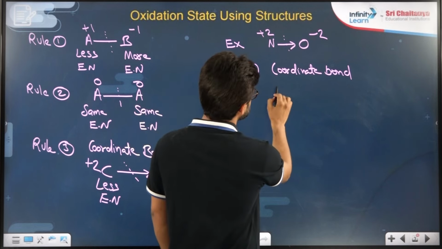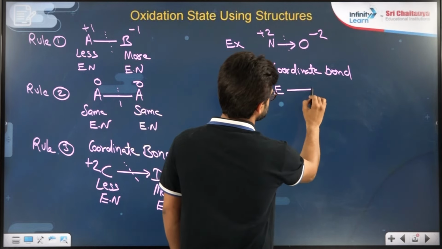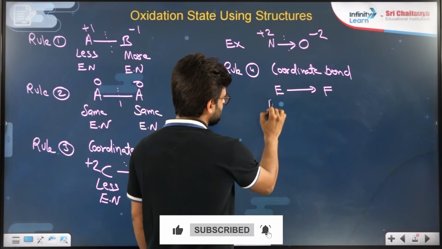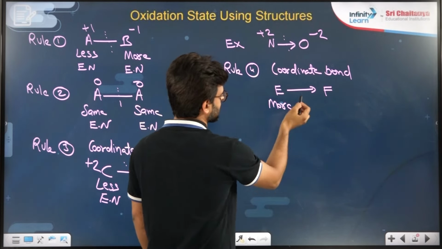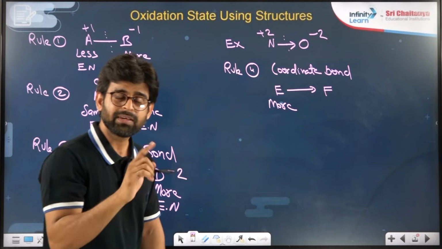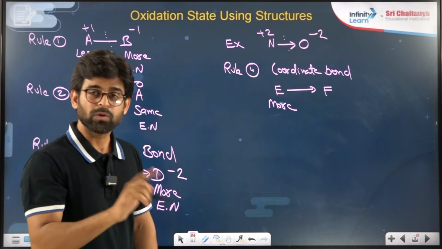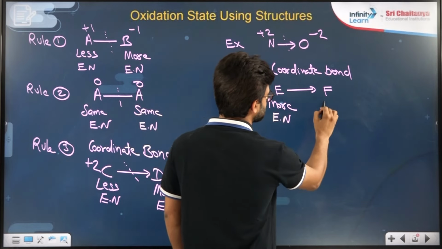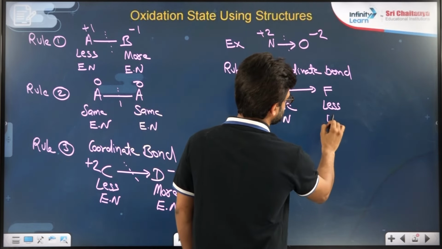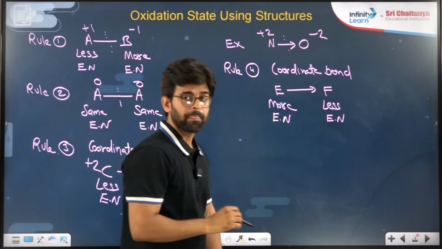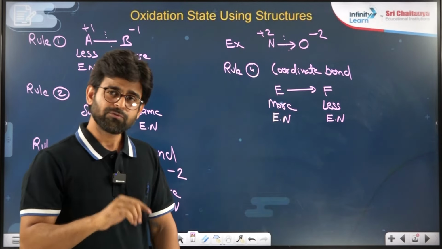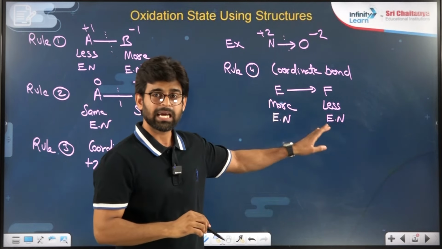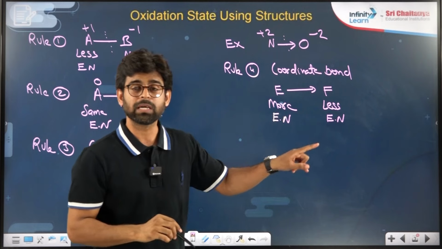This time imagine we have atom E. E is making a coordinate bond with F, but this time E, the atom which is giving both the electrons in the coordinate bond, is more electronegative, whereas F is less electronegative. So the bond is formed between a more electronegative and a less electronegative atom, and the electrons are given by the more electronegative.